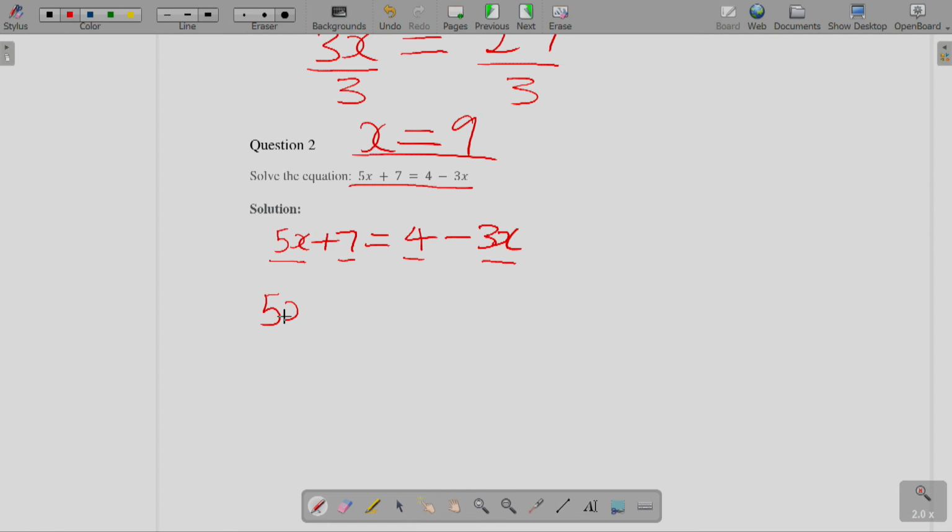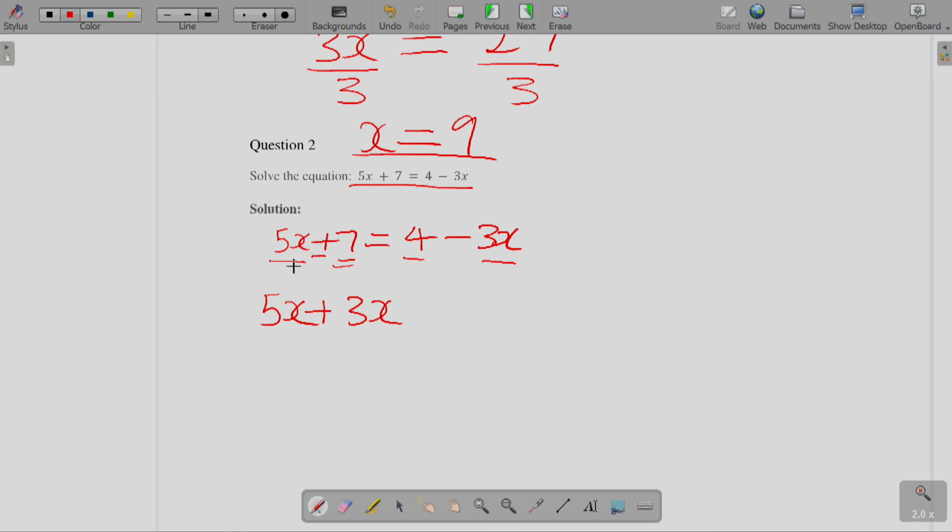So we'll have 5x. This minus 3x, let's move it to the left hand side. And if we move it to the left hand side, its sign will change. It means from negative sign it will be positive sign. So we'll have plus 3x. Also, let's move this 7 to the right hand side, and if we move it to the right hand side, its sign also will change.